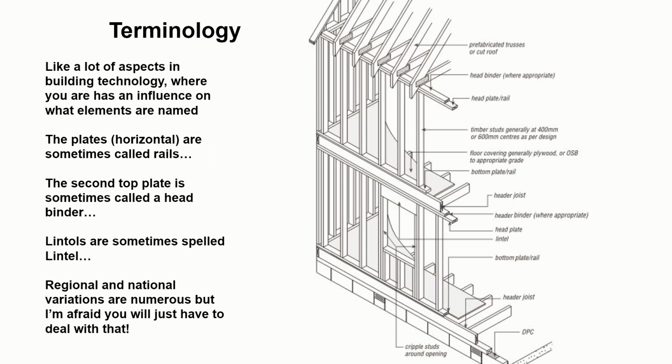Sometimes we don't have a double top plate, we have a head plate and a head binder. Most of these things are the same thing. The word lintel, I consistently spell it with an O, and my spell checker consistently tells me it's got an E. So there are regional variations regardless of where you go, and I'm afraid you're just going to have to deal with that.